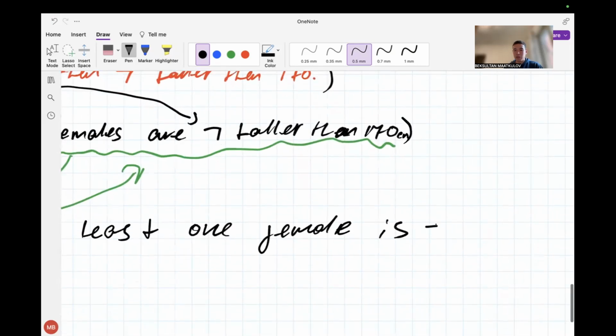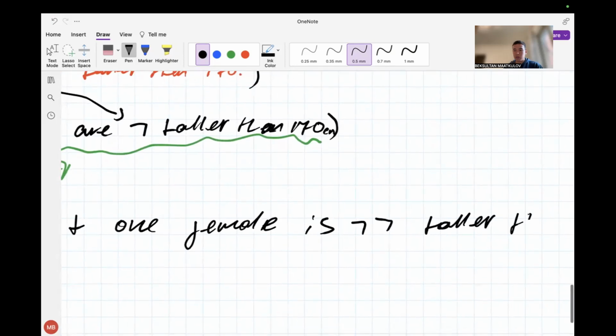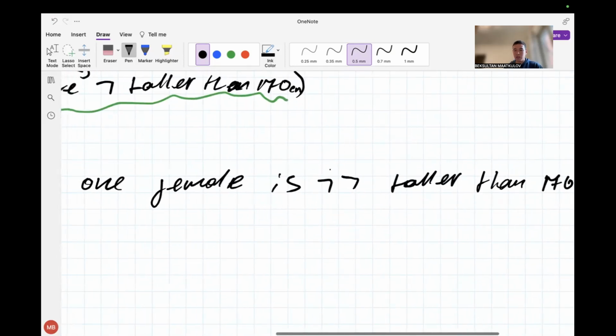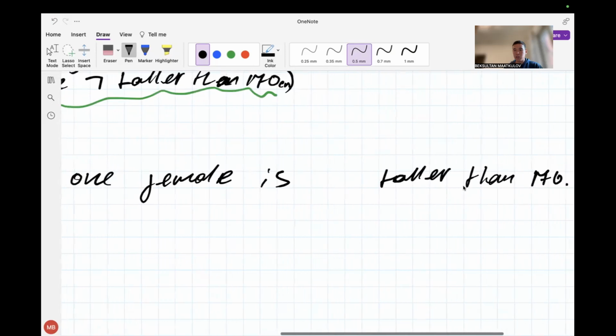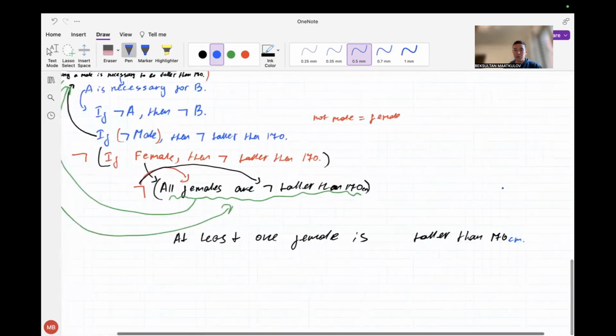So you'll have not taller than 170, right? And double negation will just cancel out. You can forget about negation. And here you'll have at least one female is taller than 170 centimeters. So this is your answer, basically. This is finally negated statement.